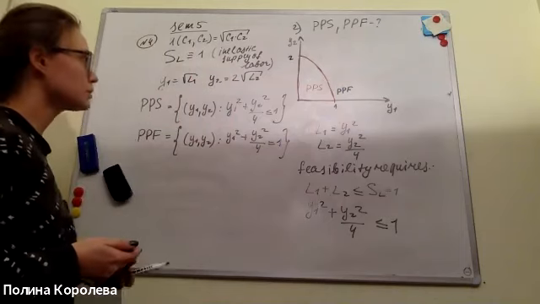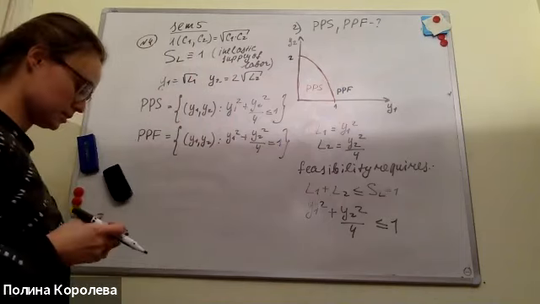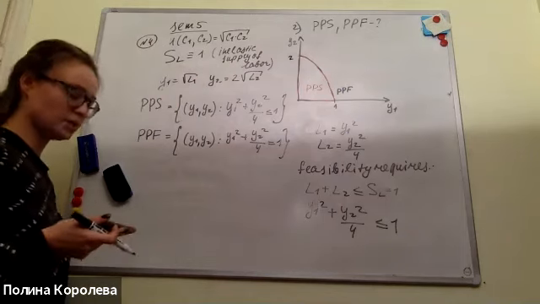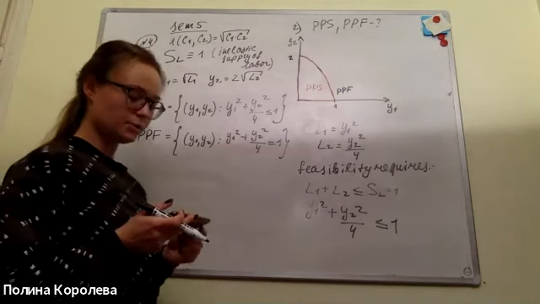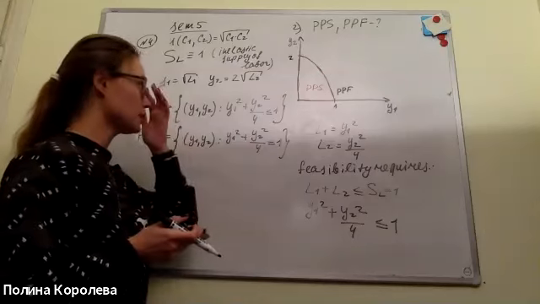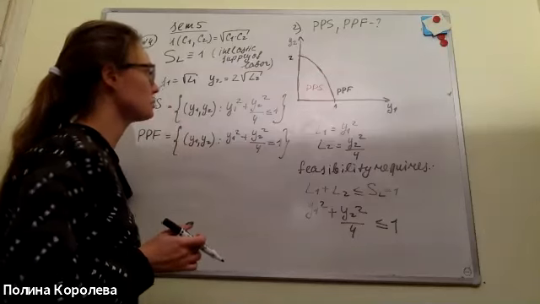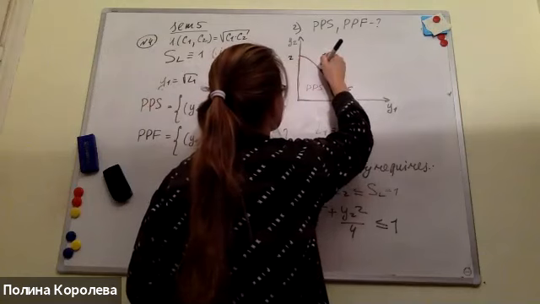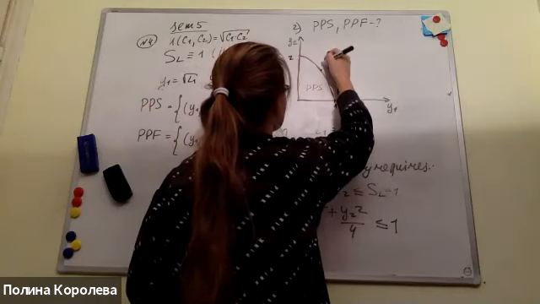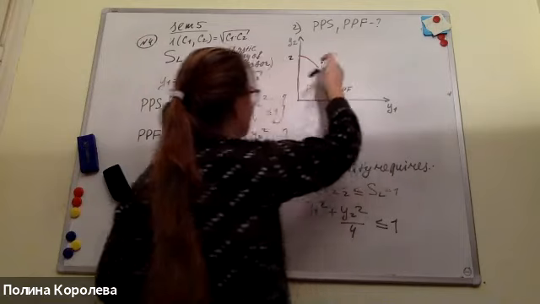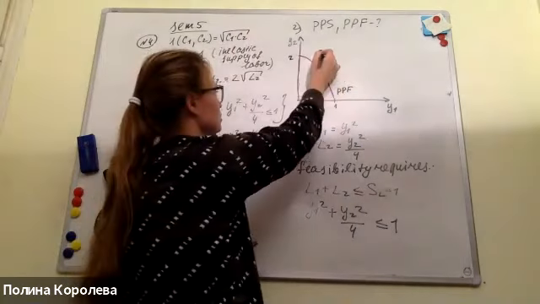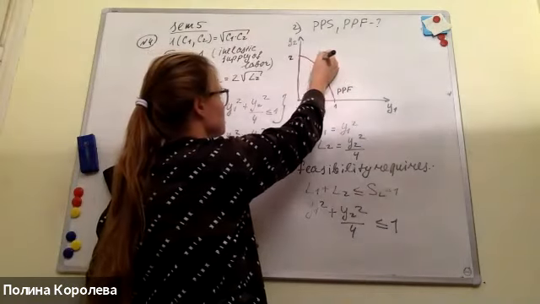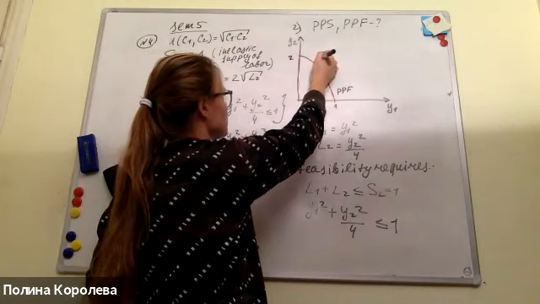And what does the production possibility frontier show us? It shows how many units of good 1 the firm must sacrifice to produce 1 additional unit of good 2. So if our firm decided to produce 1 more unit of good 2, the production possibility frontier will show us how many units of good 1 we should sacrifice.